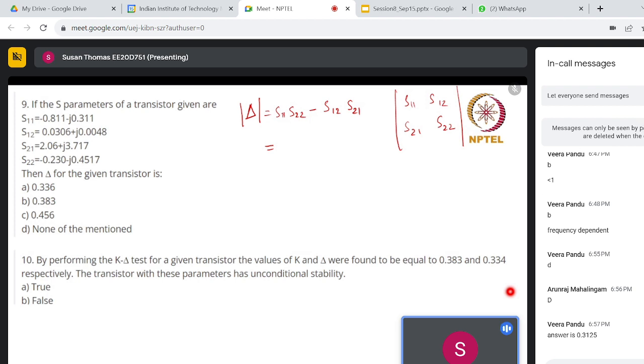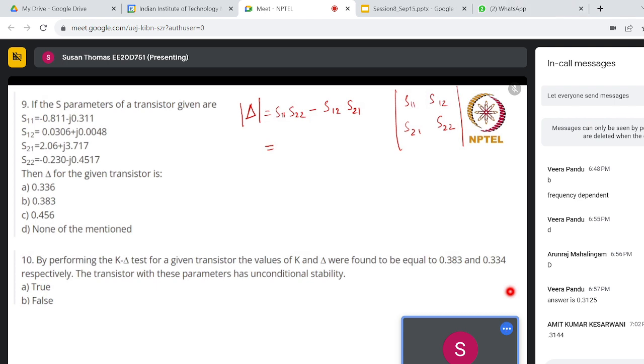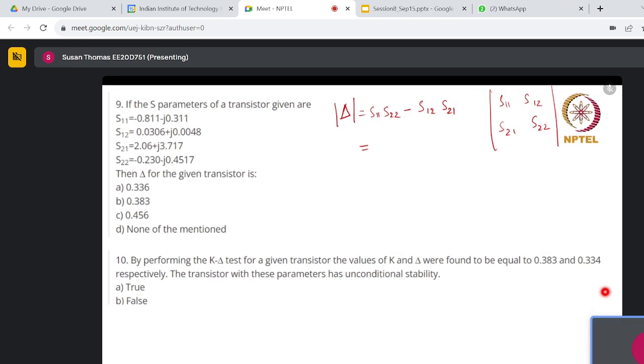Hope everybody got the same answer, 0.3125. Okay, 0.3144, there is a slight change. Fine. So let's move to the next question.